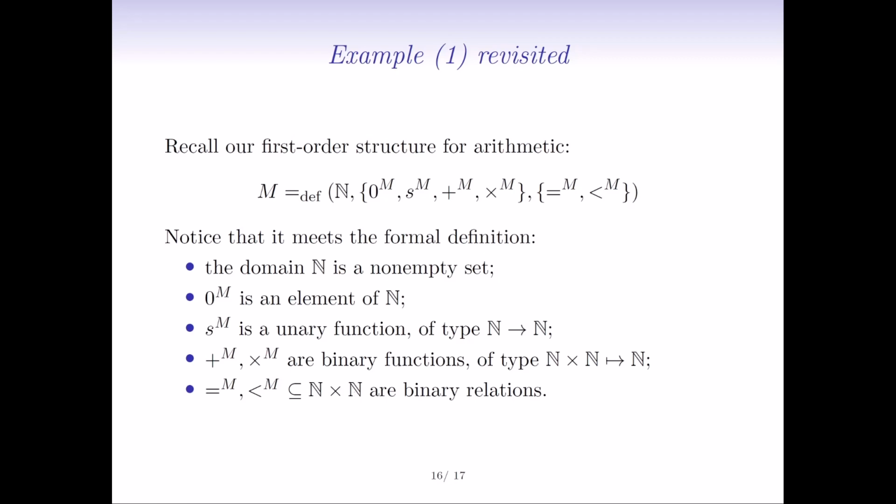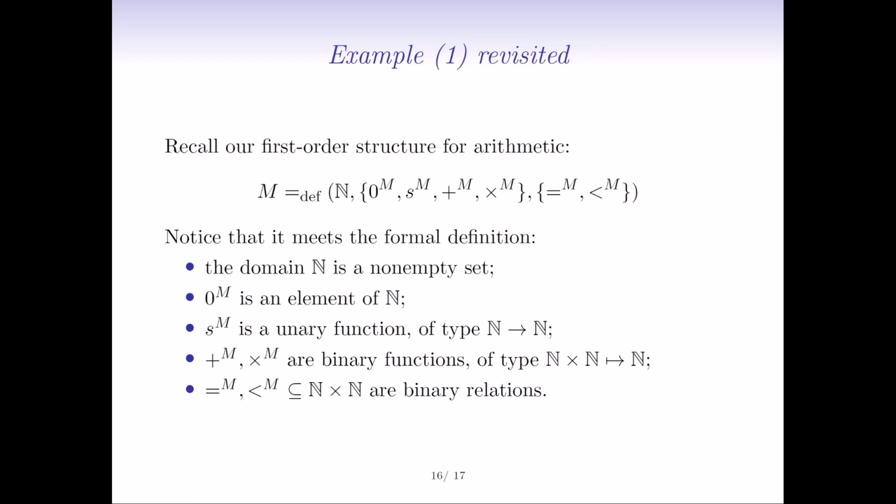So for example, equals m is the set of all pairs n and m in big N such that n and m are equal. And similarly for inequality. So because they're predicate symbols of arity 2, they have to be interpreted in this structure as binary relations on the domain, and they are.